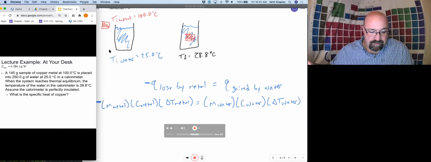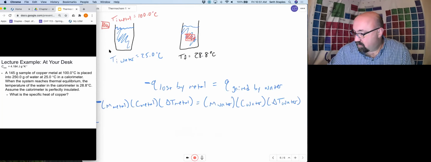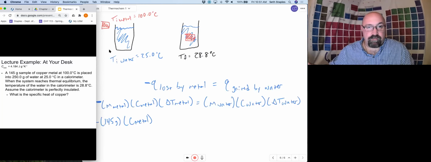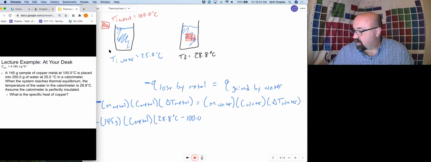We have the mass of our metal at 145 grams. The C of the metal, the C of the copper, that's what we're looking for. We can find our delta T of the metal, our final temperature. It's 28.8 degrees C. Our initial temperature of the copper was 100 degrees C.